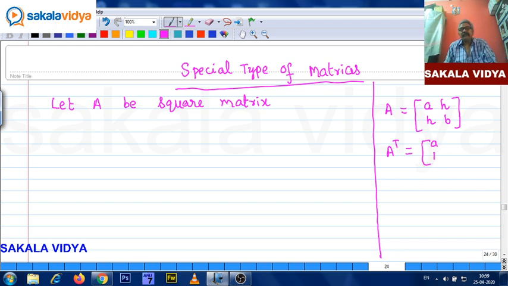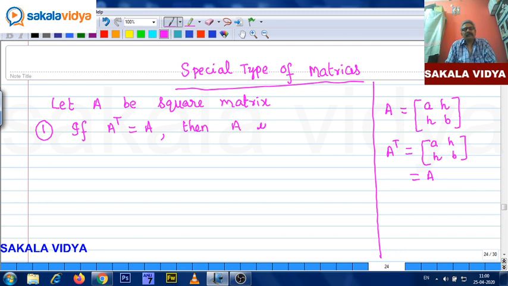Again AH HB. So we get A. So that means the first concept is like this: if A transpose is equal to A, then A is called a symmetric matrix.